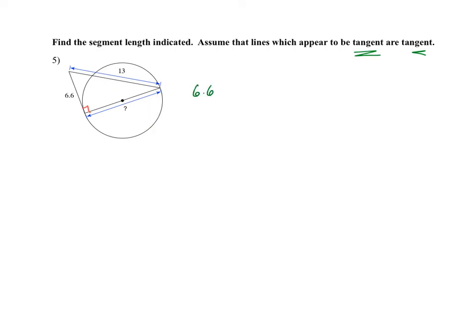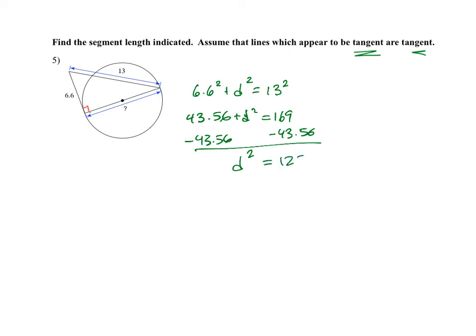So 6.6 squared plus the diameter squared equals 13 squared. 43.56 plus this square equals 169. So minus 43.56 on both sides, this square equals 125.44, and taking the square root on both sides, d equals 11.2.